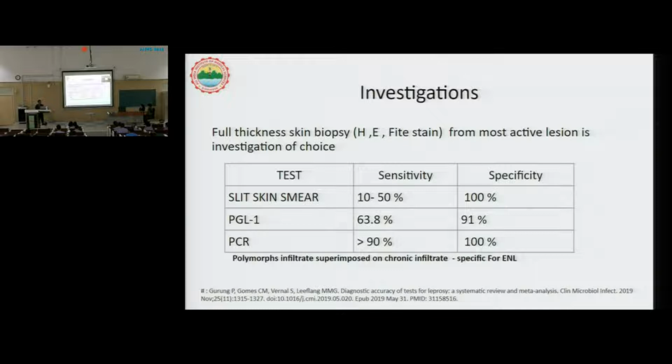Even PCR can be used, which has a sensitivity of more than 90% and is almost 100% specific, but it is not readily available for diagnosis.